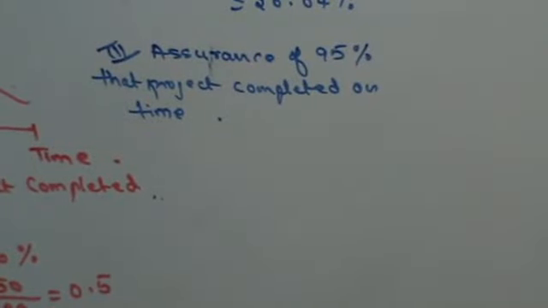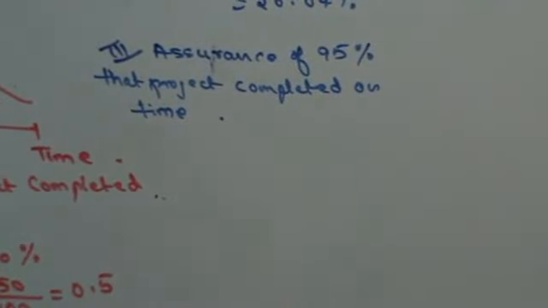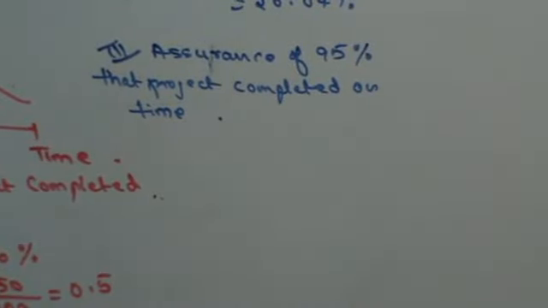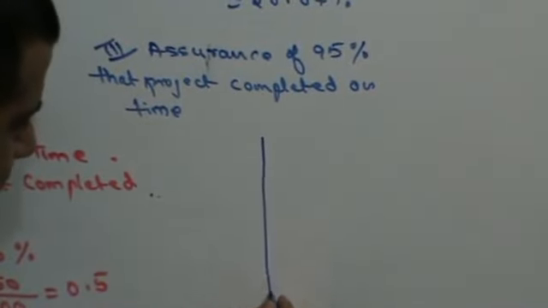Here they have given you the percentage and they have asked you to find out in how many days it will require for 95% probability that the project is going to be completed. Now when I want that particular assurance, first let's draw the bell curve and understand this, guys.